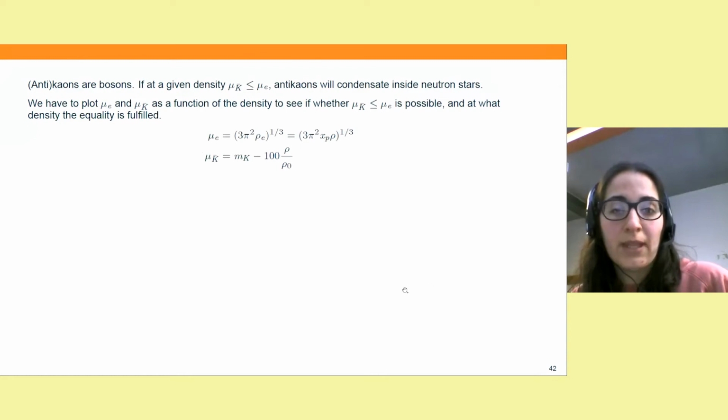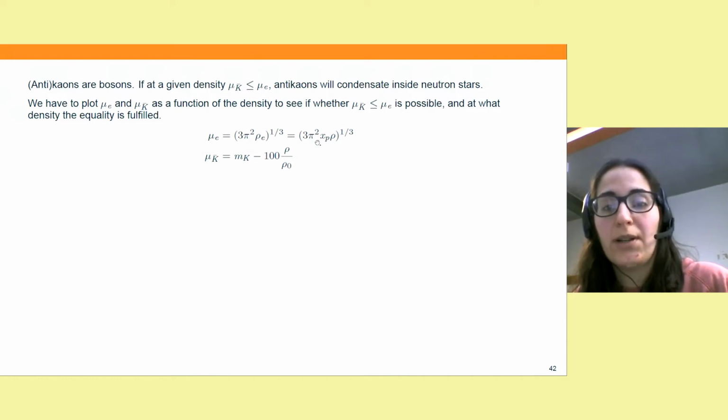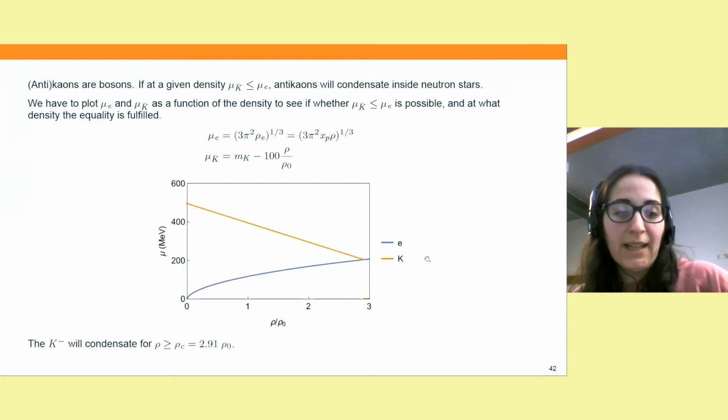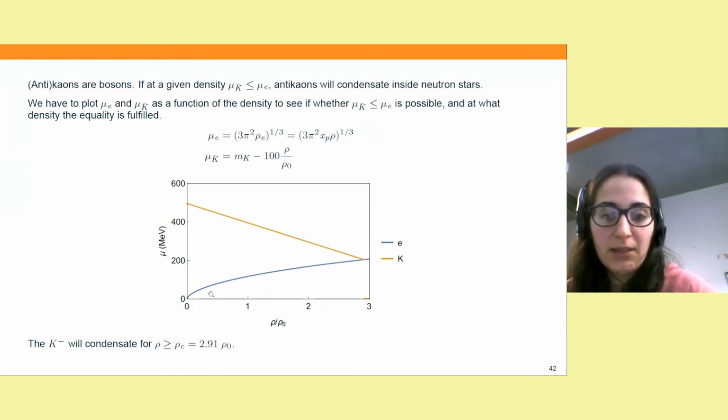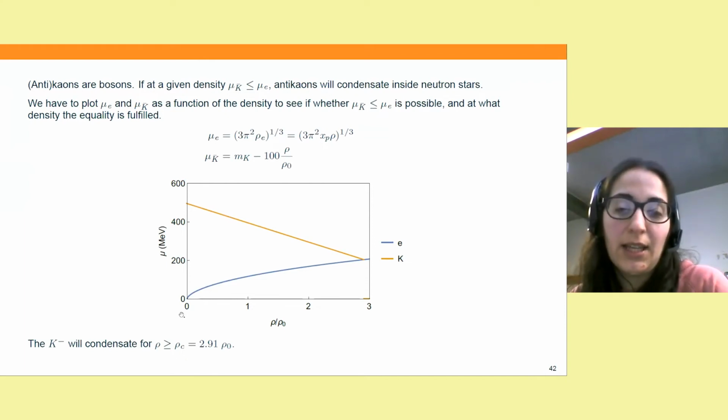So the electron chemical potential is again of this form, where the Fermi momentum is 3 pi squared times the proton fraction times the density, to the 1/3. And for the kaon chemical potential, we just take the mass minus 100 times the density. If we plot these things here, we get these plots.